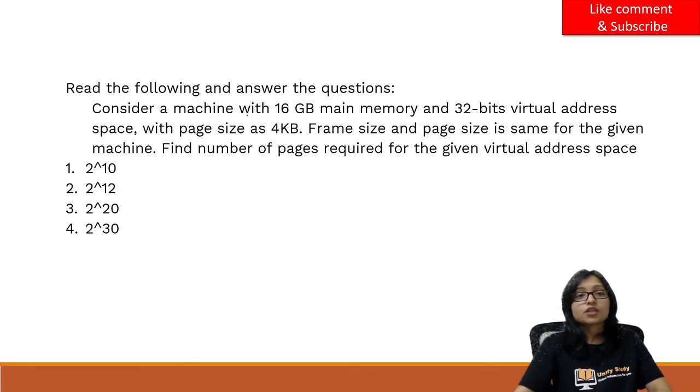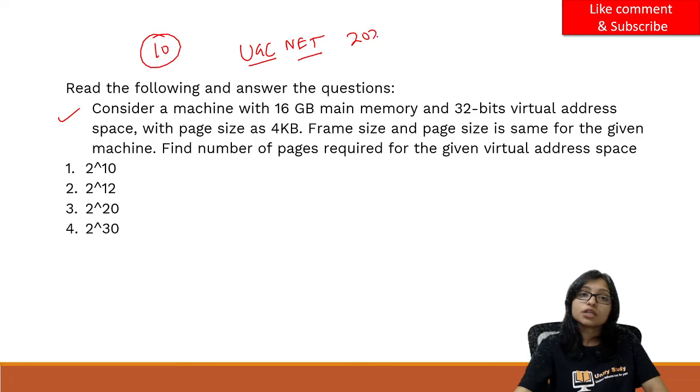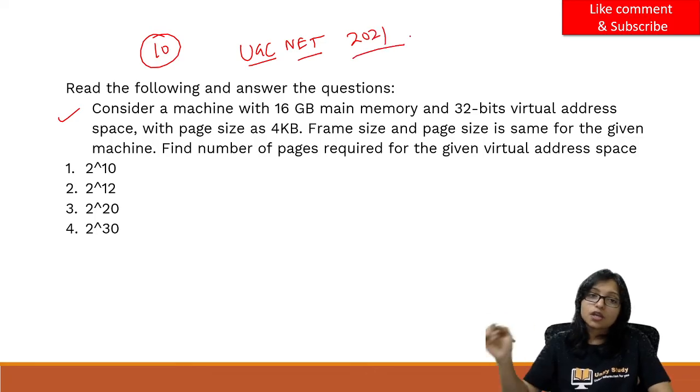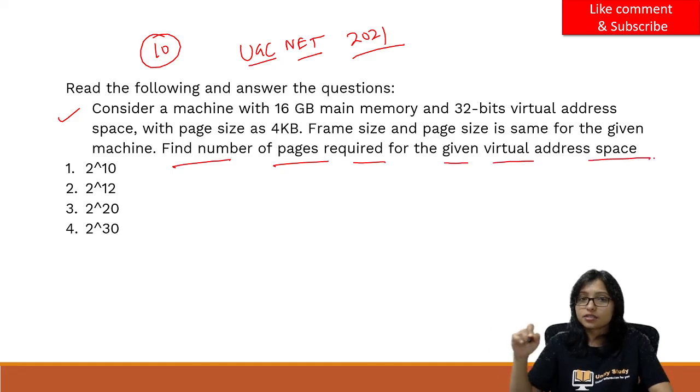Next one is asking the same kind of question. These are actually UGC NET questions. This is a UGC NET comprehension type question, 10 marks, from 2021. Now see, find the number of pages required for the virtual address space.